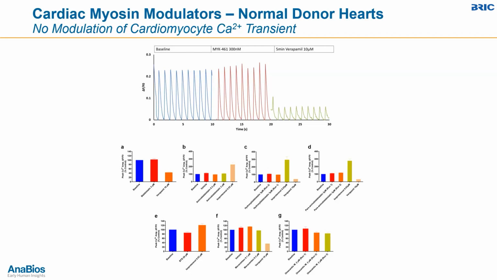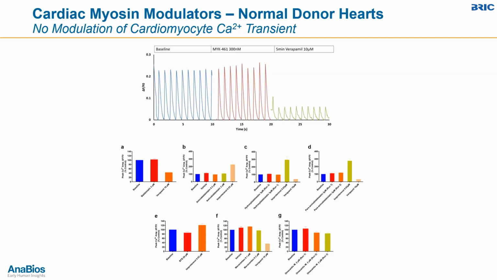And you can see here we are showing data with mavacamten at 300 nanomolar, which is the therapeutic exposure, and the IC50 for the compound. You can see the compound showed no potential to modulate intracellular calcium, and our positive control verapamil was able to decrease intracellular calcium.